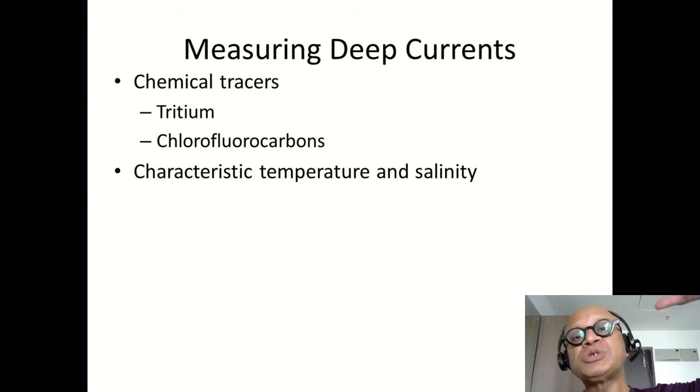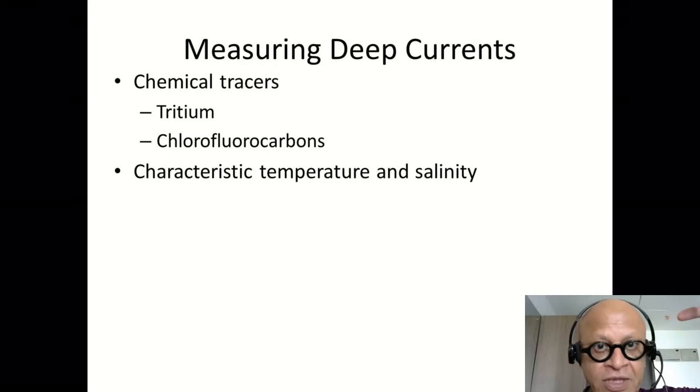Knowing the concentration at the surface when it would have entered and the location of the tritium now, you can trace the concentration pathway and estimate the deep currents using that method.